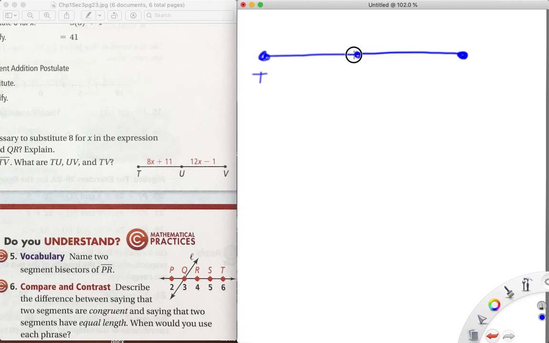T, U, V. I'm told that U is the midpoint. So since U is the midpoint, these guys are equal to each other. They're congruent. I'm told that TU is 8x plus 11. I'm told that UV is 12x minus 1.